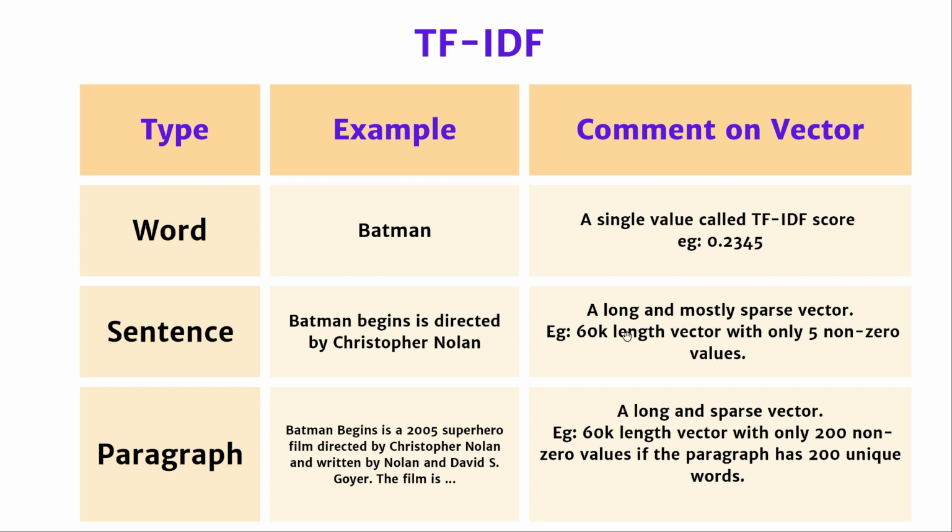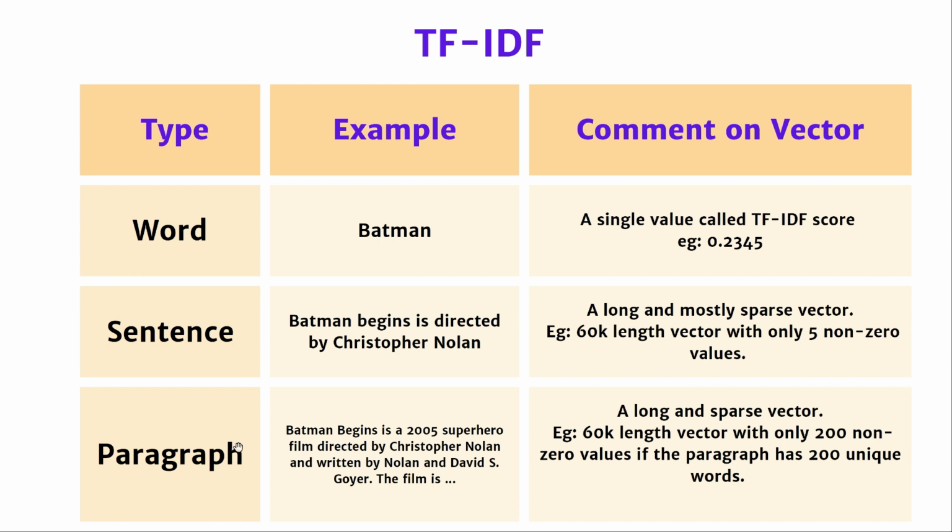So you can assume probably there are 60k features or 60k columns, and if you take Batman Begins directed Christopher Nolan, ignoring the stop words, you almost have just 5 non-zero values in this long 60k length vector. So a sentence is represented by a very long vector which is mostly sparse, that is, it contains mostly zeros, only a few values are non-zero.